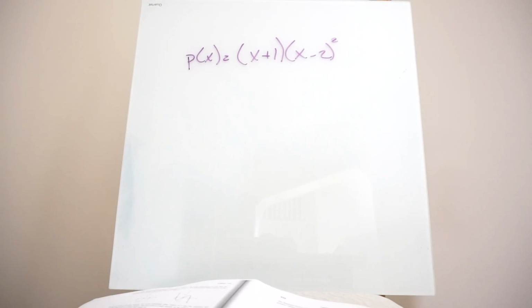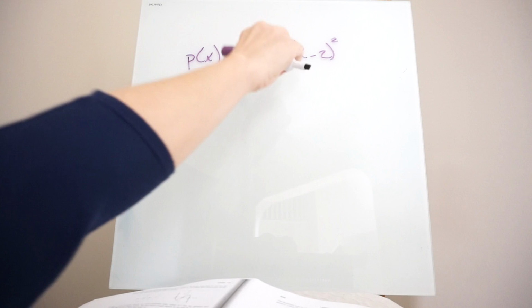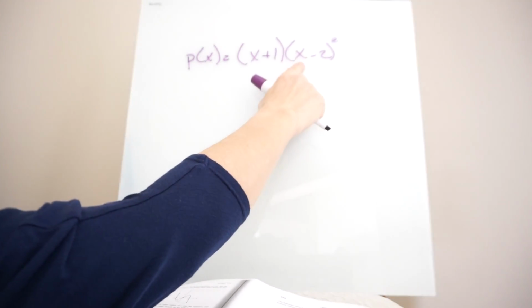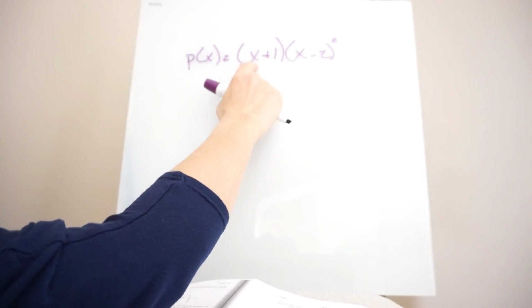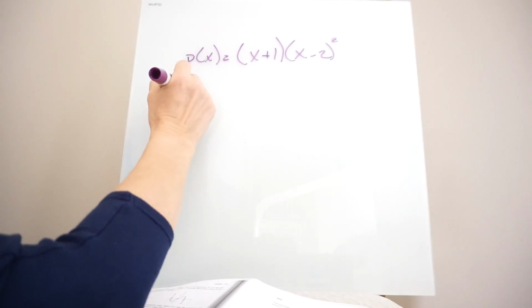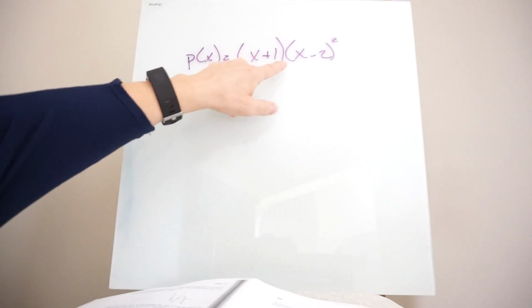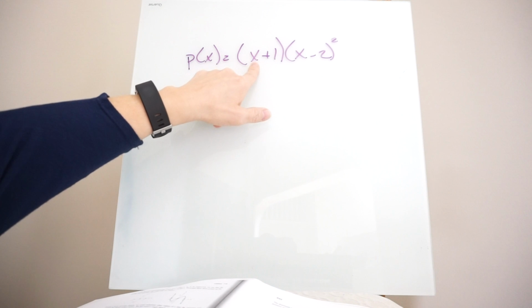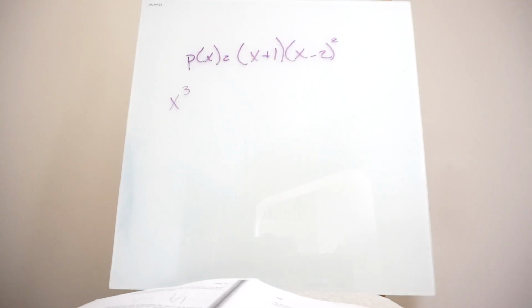When you have a factor that's squared, this is what we're going to learn something new about. Remember that this would be x times x, so that's x squared, and then times another x. So we know that we have x cubed. The sign in front of that would be positive because both of those are positive.